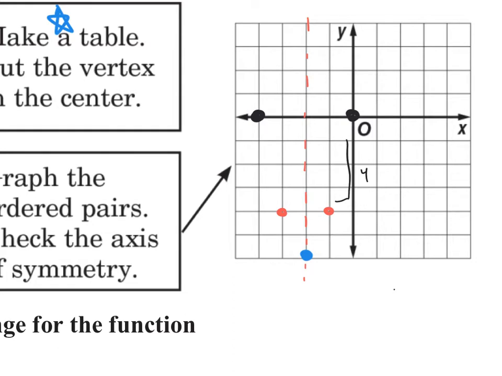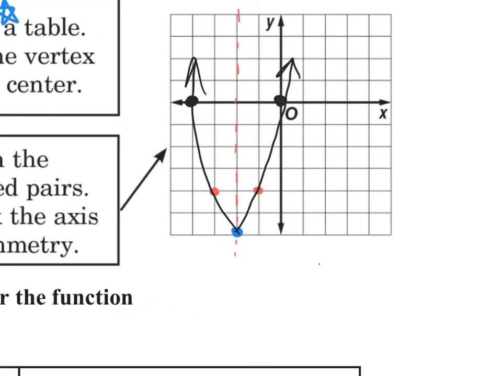So you're not going to be able to take a ruler and connect these points. Quadratics make a curve like that. Now that one's not drawn super nice, but they make those U-shaped curves that are symmetrical at the vertex.